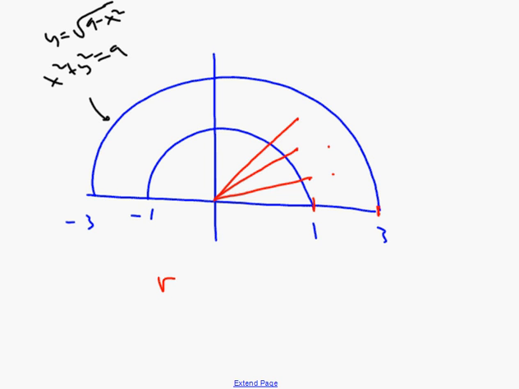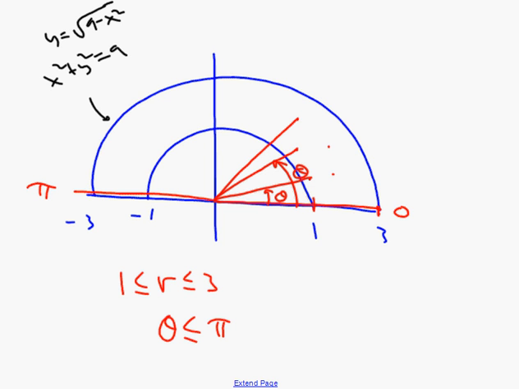So we can say r is less than or equal to 3, but greater than or equal to 1. And theta, the angle that this radius from the origin makes with the x-axis, is always between 0 and pi.